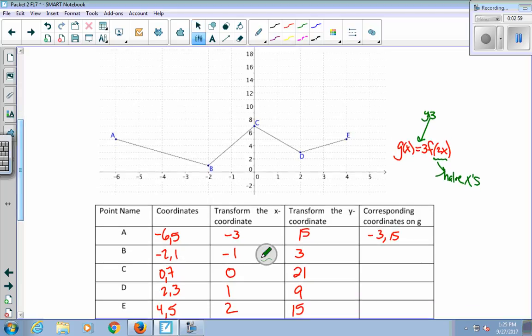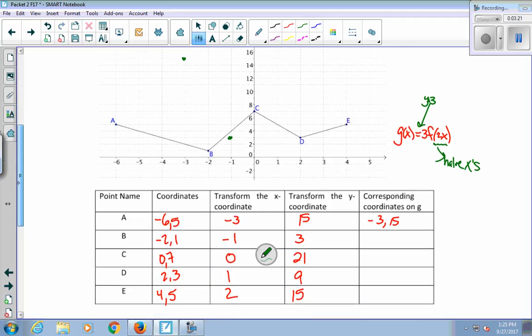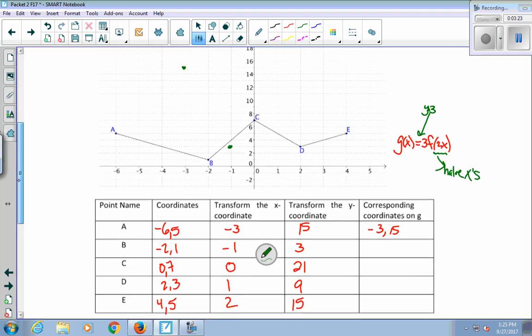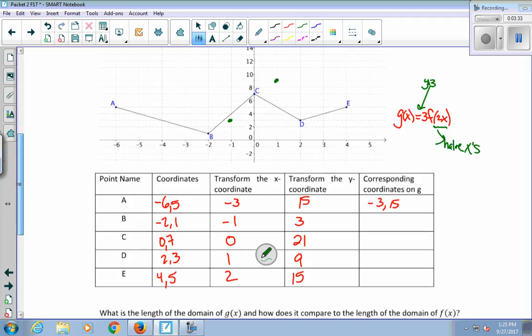Okay, so -3, 15 is about right here. -1, 3, 0, 21, 1, 9, and 2, 15, and connect those.